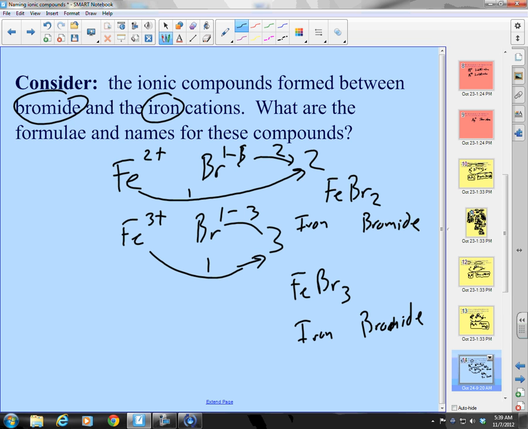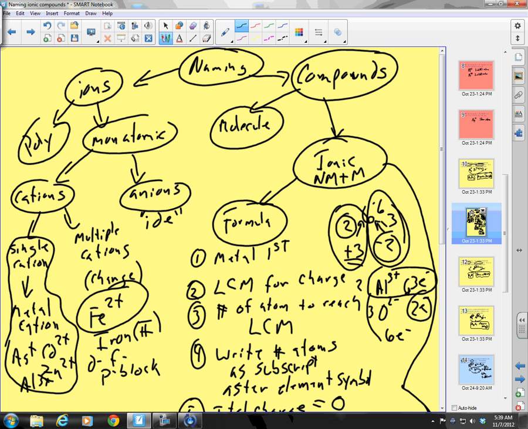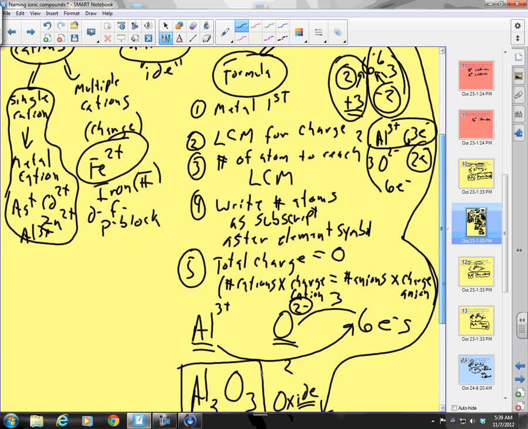But how do I tell the difference between the two of these? Well, same thing we did before. We're going to take the charge on our cation and put it in parentheses. So this becomes iron(II) bromide, and this becomes iron(III) bromide. Okay, so let's just add that to our naming here.